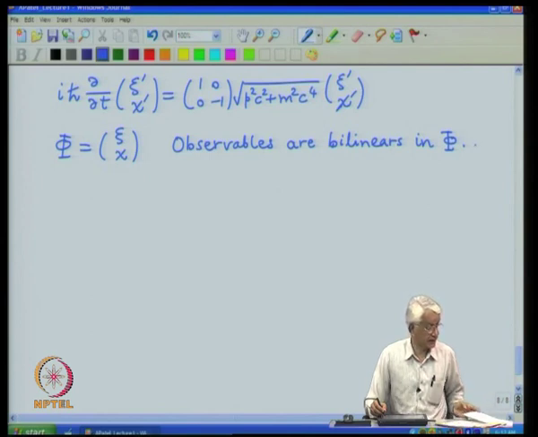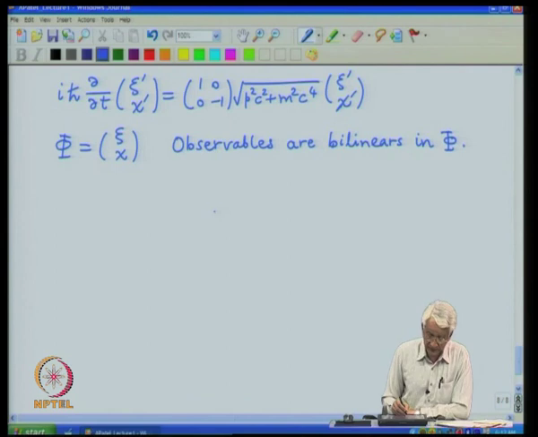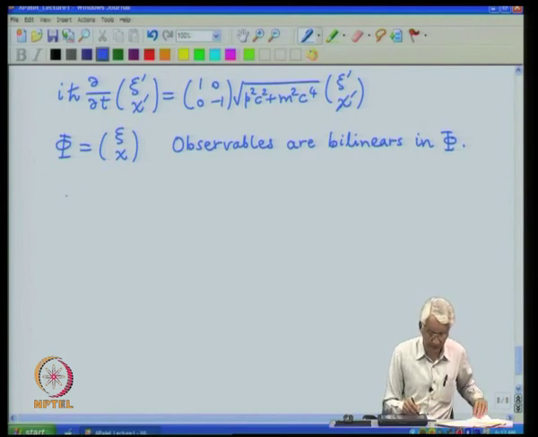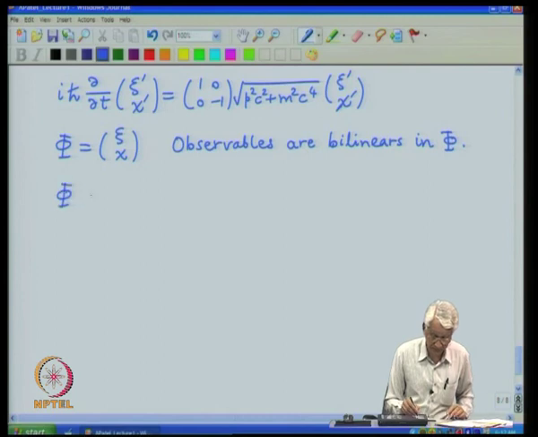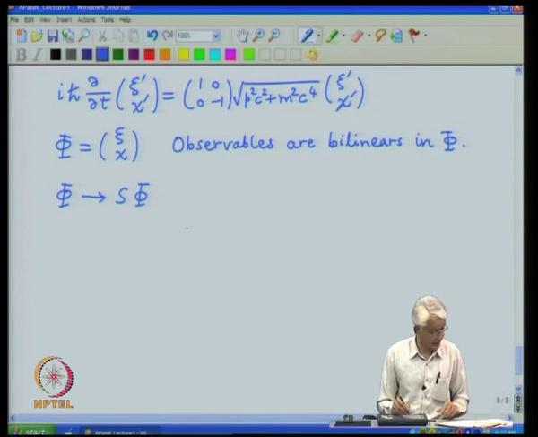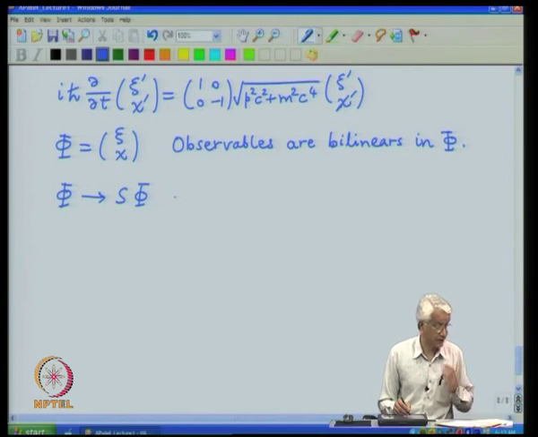And one can now see what is a convenient notation to incorporate this Lorentz transformation property as well as this quantity or the physical observable. So, when we change the basis, that phi will go to s times phi, that is indeed what we did in going from primed frame to unprimed frame.